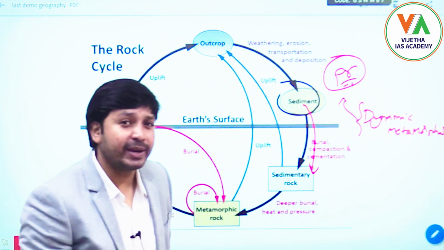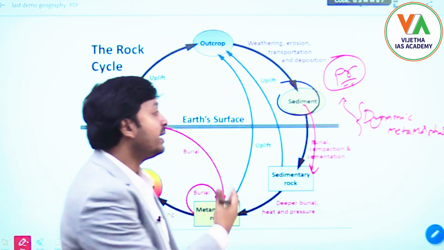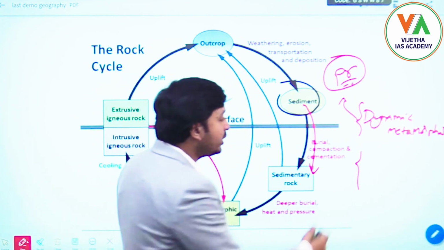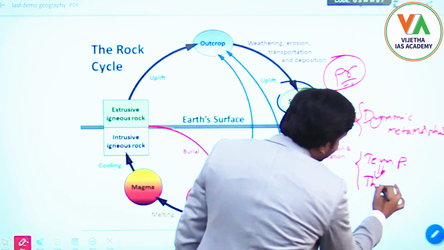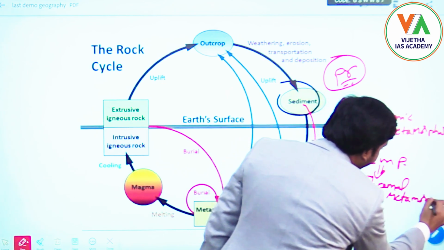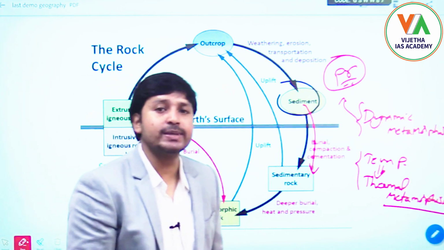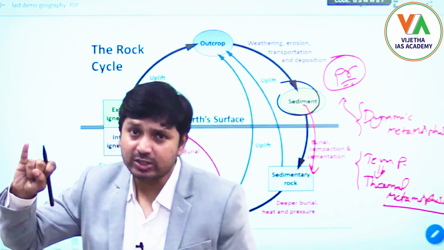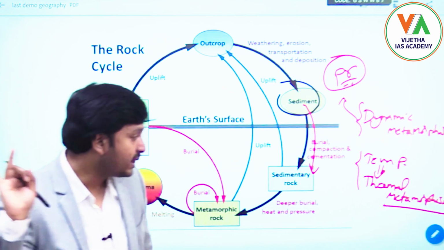And if the metamorphism is occurring due to temperature, then it is called thermal metamorphism. Remember, metamorphism occurs due to two types. One is because of pressure, which is called dynamic metamorphism, and when it is because of temperature, it is called thermal metamorphism.